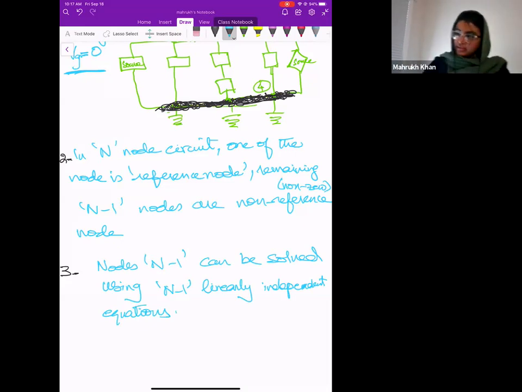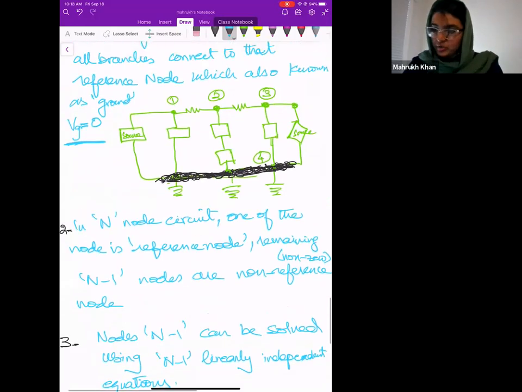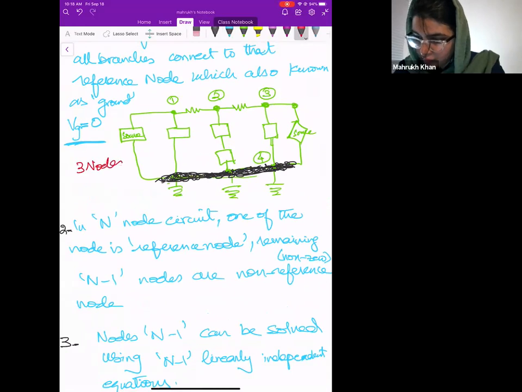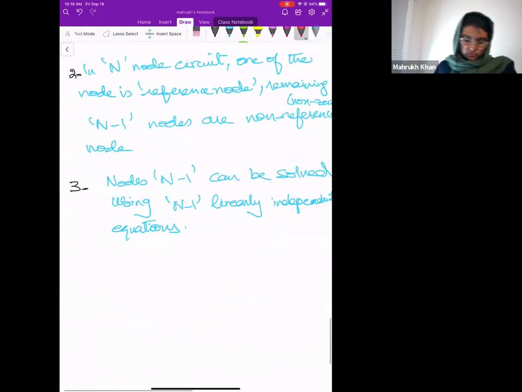Like in the above scenario, there are 3 nodes, so n minus 1 is 3. We have to make 3 equations, okay? That's what we need to know about that as well.